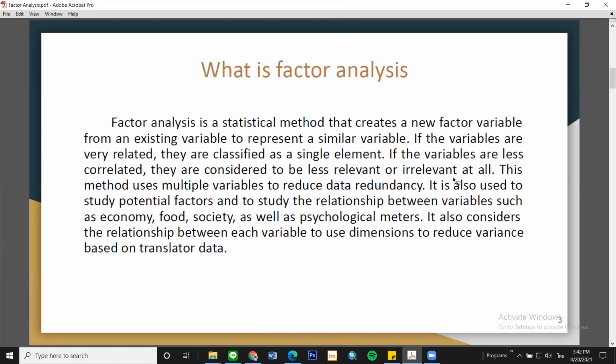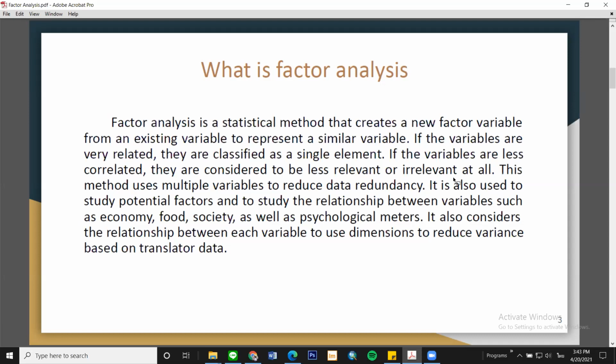To begin with, factor analysis has been defined by many scholars, but the meanings are not too different. Factor analysis is a useful statistical method for grouping or combining variables into one group, where the relationship can be both positive and negative.